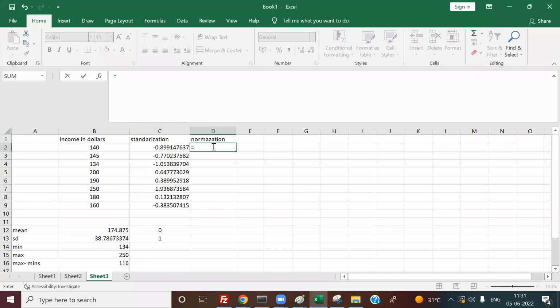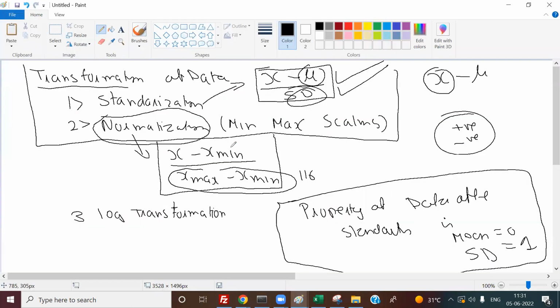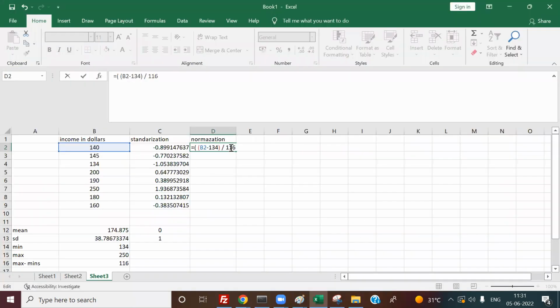So I can say equal to: what is the minimum value? 134, right? So x minus x min equals this minus 134. Let me put one more bracket, divided by how much? 116.